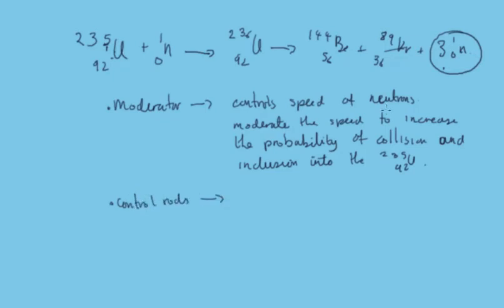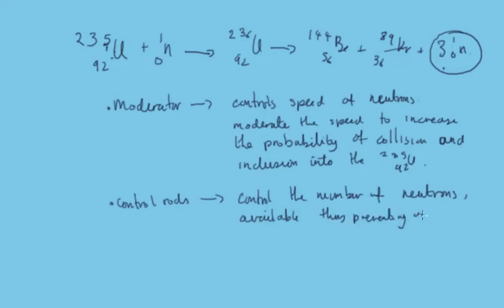These mop up excess neutrons, so they control the number of neutrons available, thus preventing an out of control chain reaction.